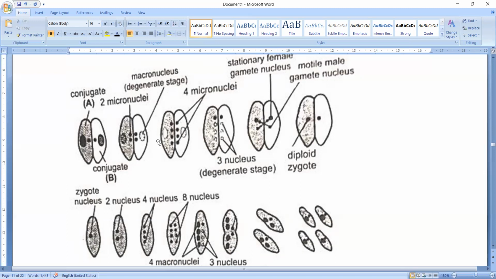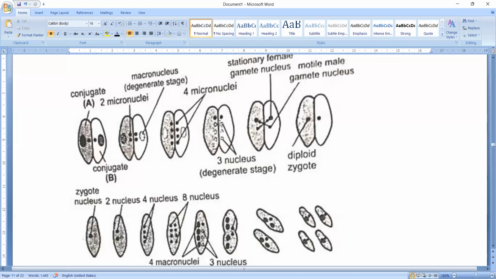the macronucleus disappears, and at the same time the micronucleus undergoes division. First division, second division. In this way, 8 nuclei are produced.